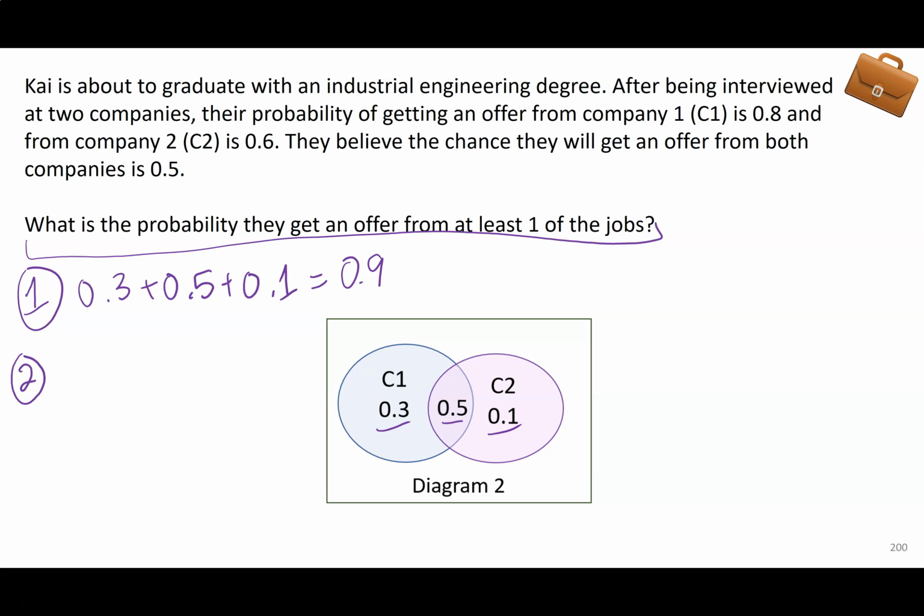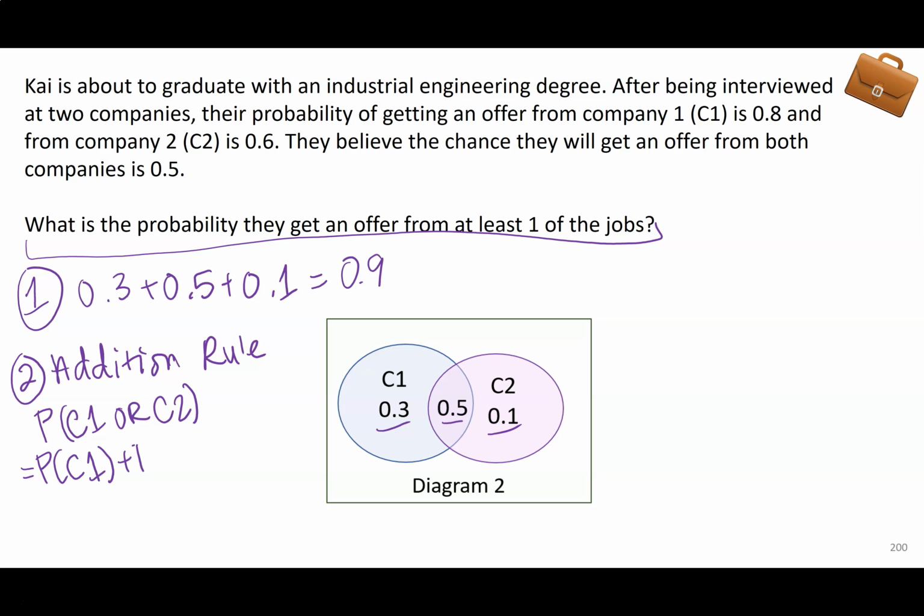The second way, using the addition rule, the probability that at least one, so C1 or C2. It'll be the probability C1 offers it, plus the probability C2 offers it, minus the probability of both. And I'm running out of space here.